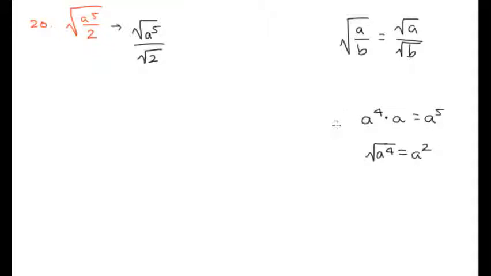With this thought process in mind, we can convert this into the square root of a to the 4th times just a over the square root of 2. And this can further be simplified to a squared times root a over rad 2.